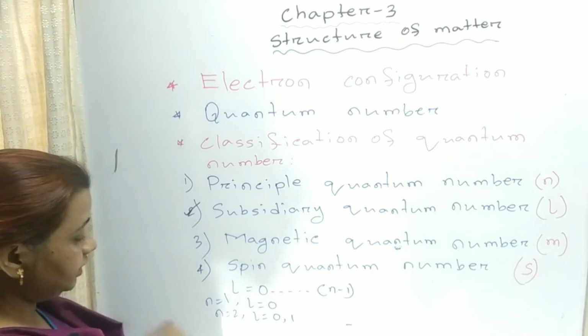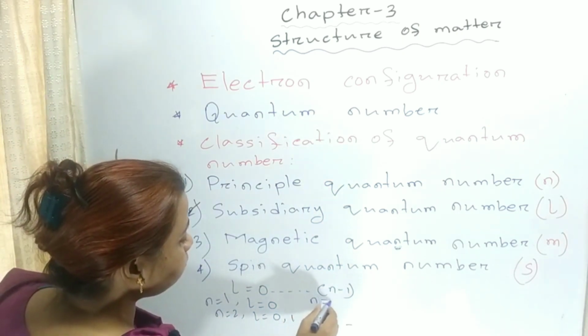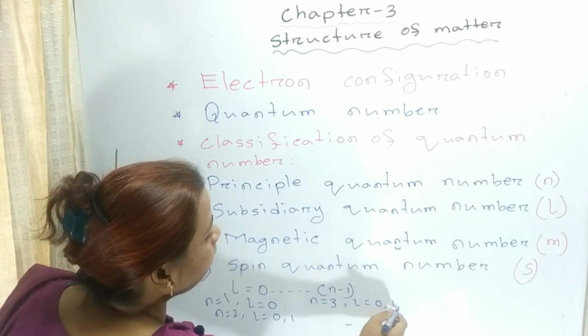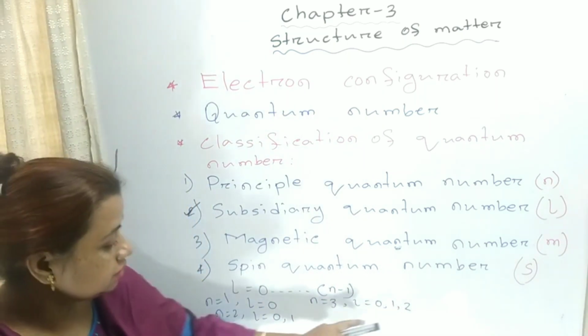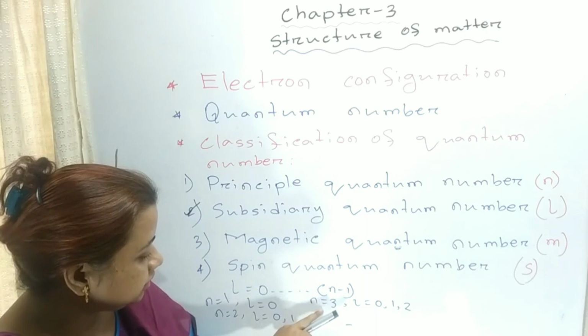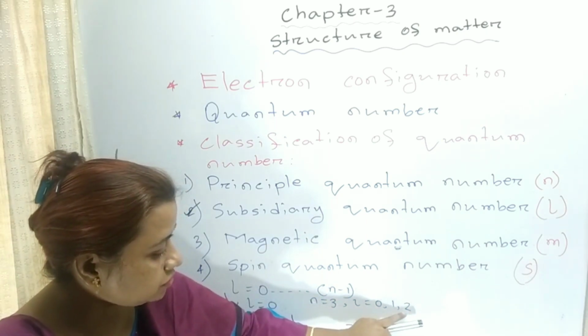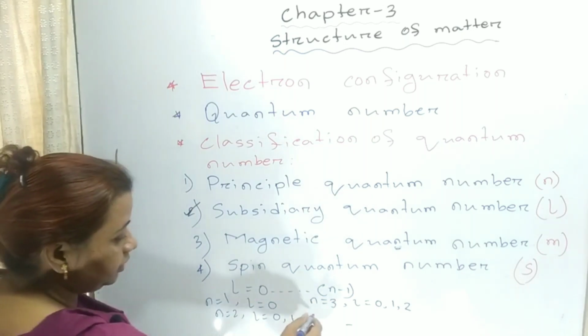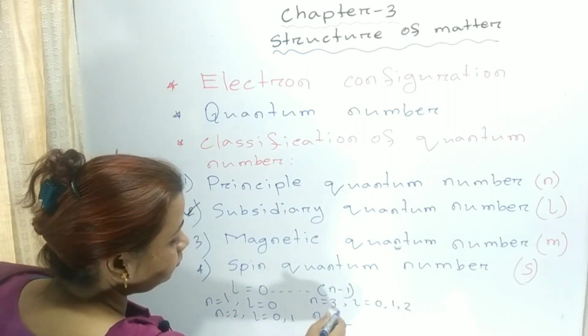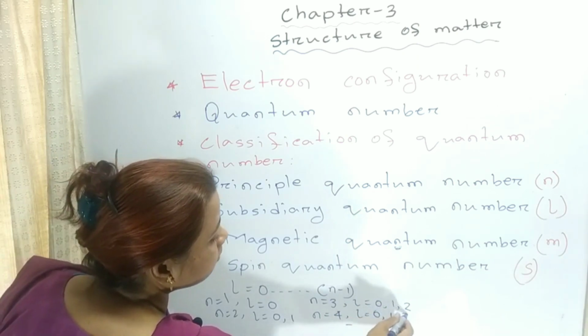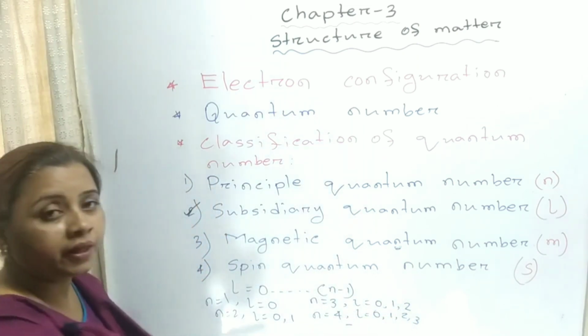Whenever n is equal to 3, l is 0, 1, 2. How? 0, 1, and n is equal to 3, therefore 3 minus 1 is equal to 2. So, the last one is 2. Whenever n is equal to 4, l is 0, 1, 2, 3.